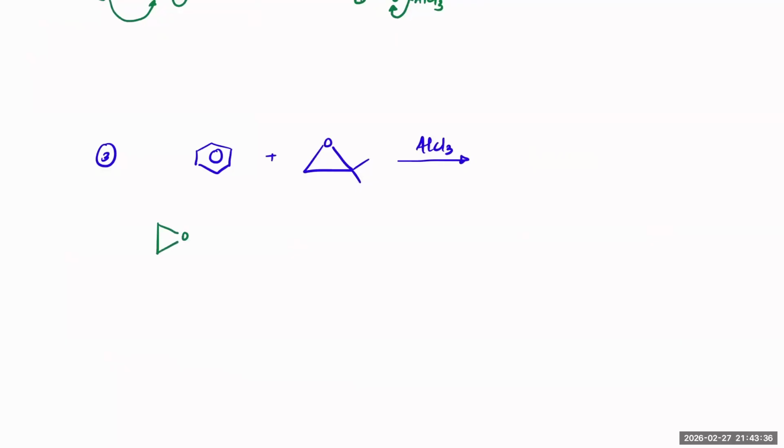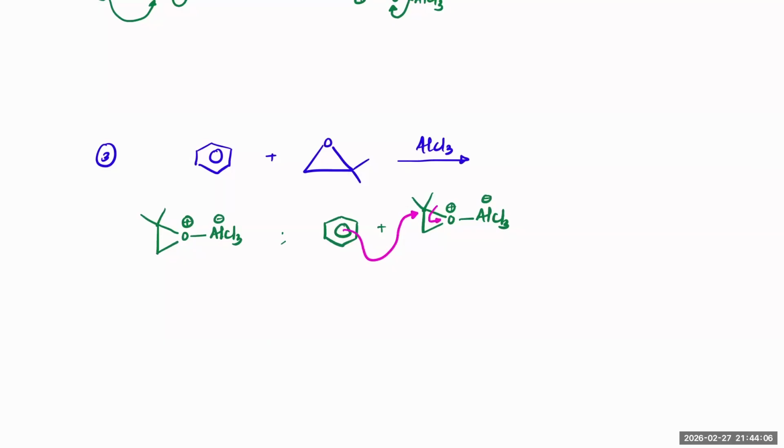The same mechanism happens even in the last case here. So you can see oxygen with AlCl3 with a plus charge. We have two methyl groups here and a minus here. And benzene attacks on this position with O, AlCl3 minus and plus. See, benzene will always attack on the more substituted position, because the bond breaking is easy there.